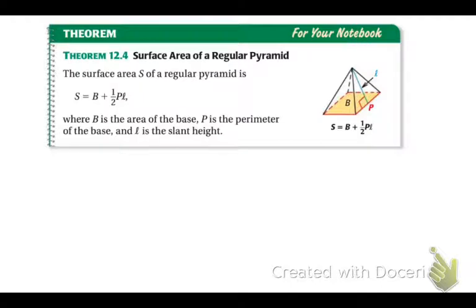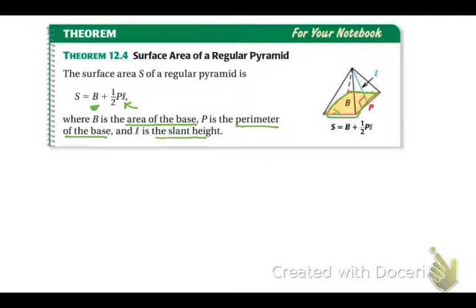So here you have the surface area of a regular pyramid. What does regular mean? The same thing it did in the other context: the polygon that is the base has sides that are all equal. So the surface area of a regular pyramid is equal to the area of the base, plus 1/2 times the perimeter of the base times, and here's the new thing, the slant height.